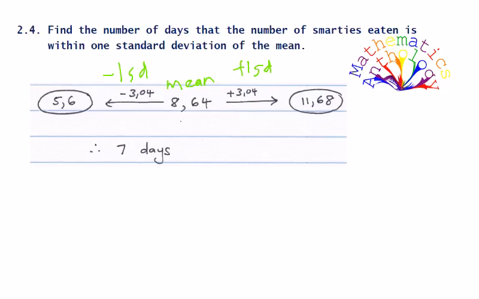So now I go back to my data set and I look for how many values there are that fall within 5,6 and 11,68. And if I count all those values, I get a total of 7. So that means that there's 7 days will be my answer there.